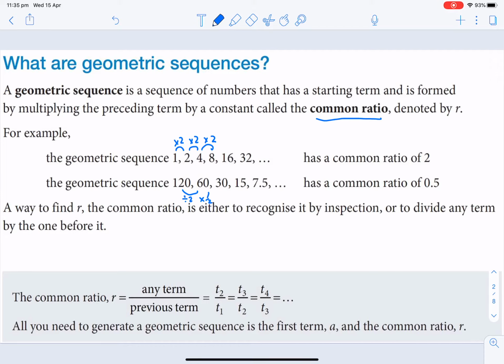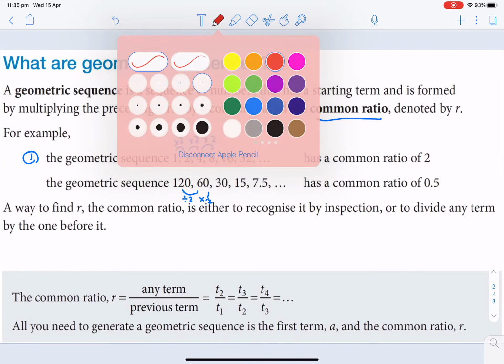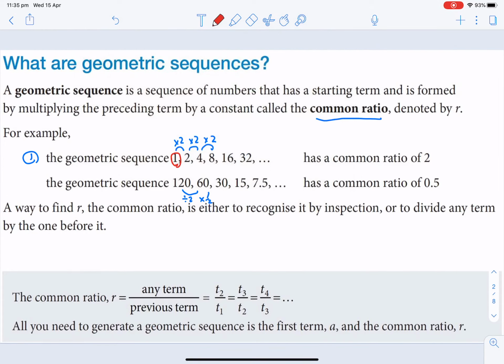A way to find R, the common ratio, is either to recognise it by inspection or to divide any term by the one before it. So let's go up to this one here. We know that this is our term 1 and this one is our term 2. So the common ratio formula is term 2 divided by term 1. In this case it is 2 on 1 equals 2.